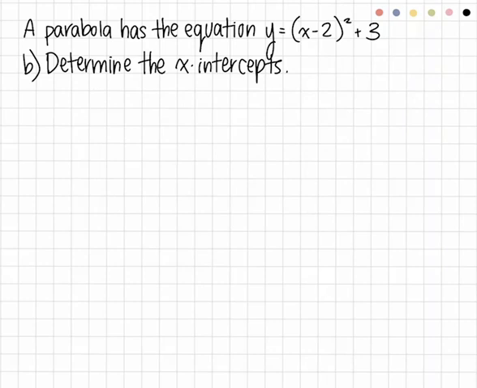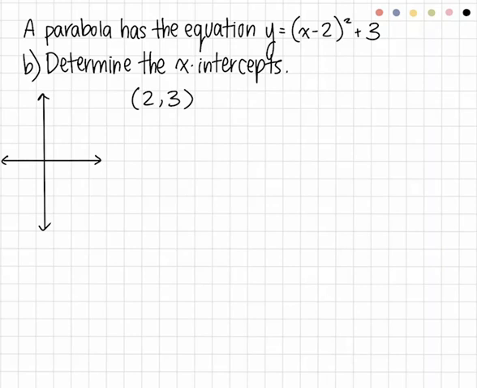Now, what if you were asked to determine the x-intercepts? Okay, let's just do a rough sketch of where this parabola would probably start. If you remember, our vertex is (2, 3).